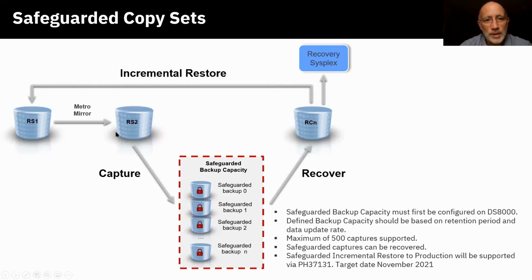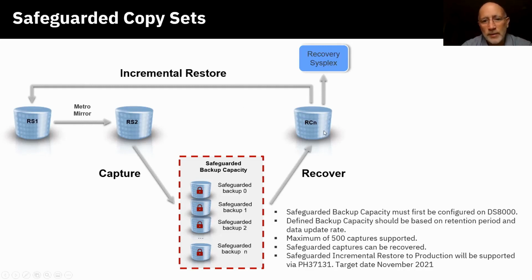Using this technique, we take the capture from, in this case, RS2, we then recover it to RC1 or RC2, whichever recovery copy set we tag as the target for the operation, and then we subsequently incrementally restore that data back to RS1.